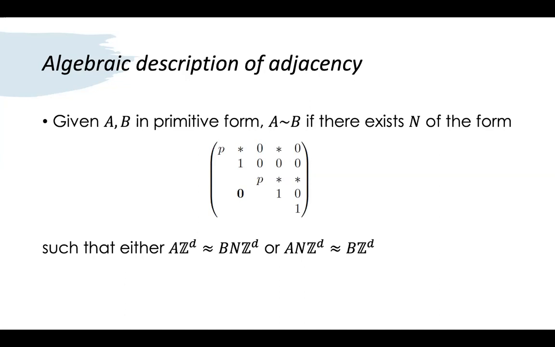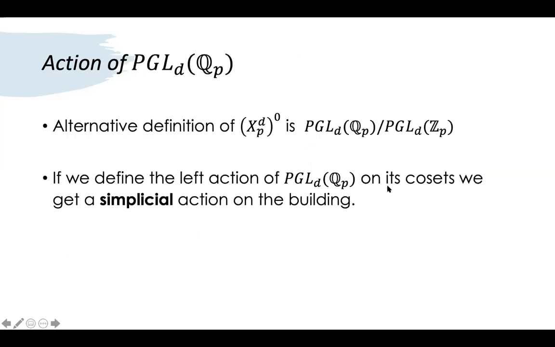Great. So I just stated that either B is A times N, or A is B times N. So both cases will have adjacency. Cool. This wasn't so important. It was just an algebraic rule for how to connect things.